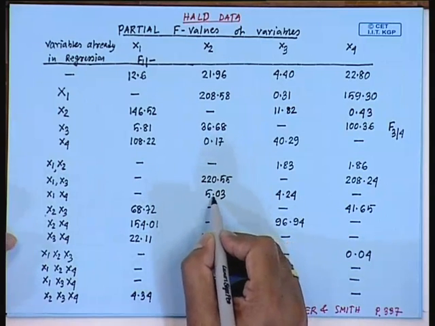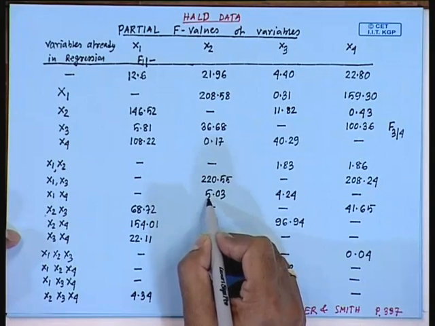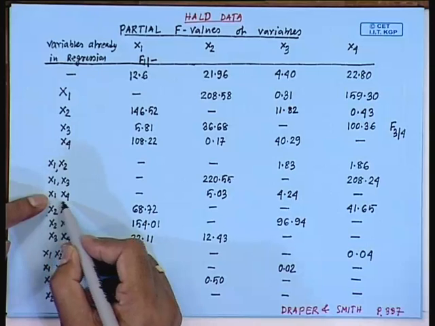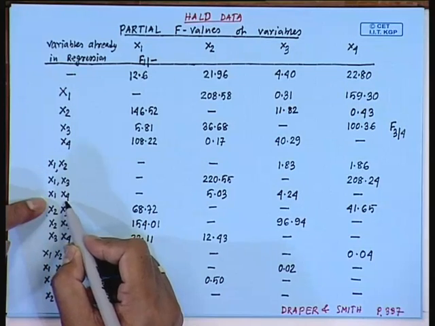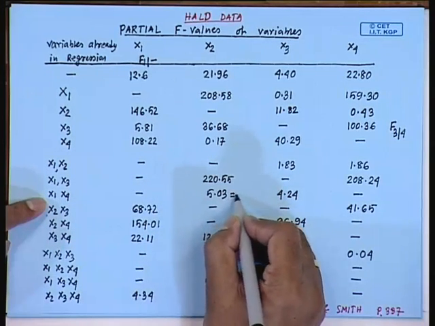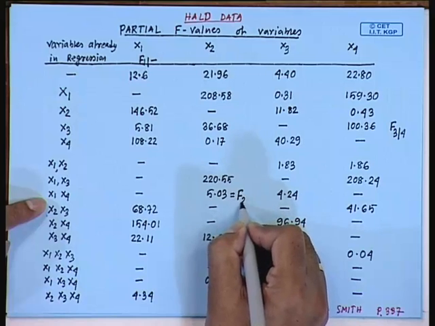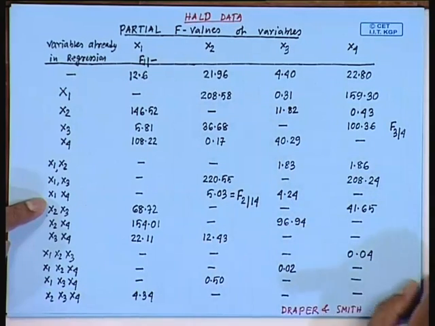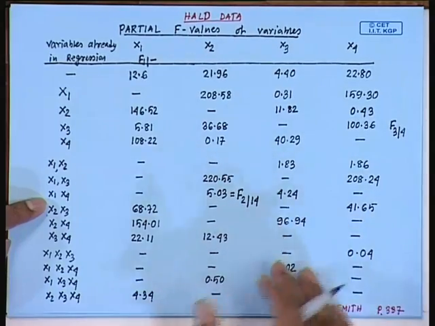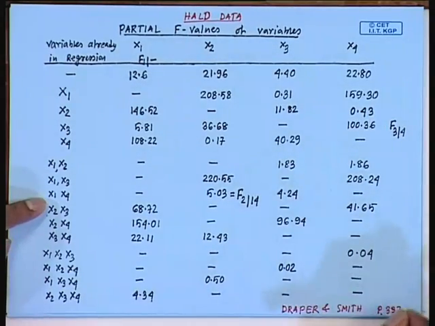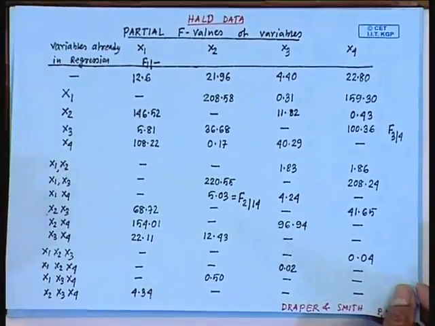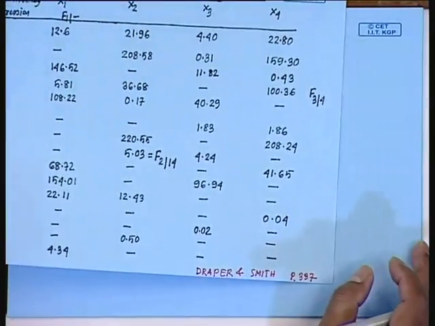This one is the partial F statistic for the regressor x2 in the presence of x1 and x4 in the model. So, this one is nothing but F2 in the presence of 1 and 4 in the model. So, we have all the partial F values. Now, I illustrate the stepwise selection.